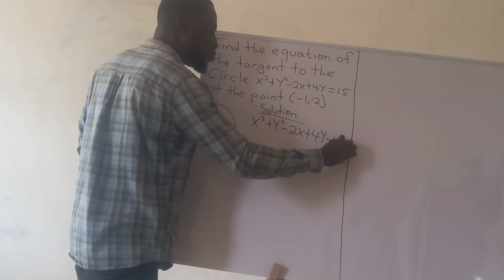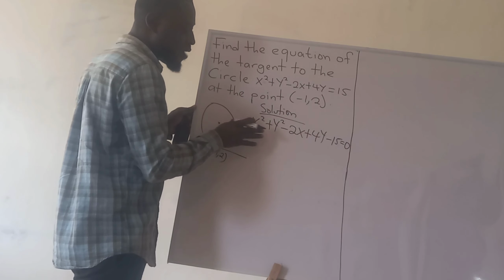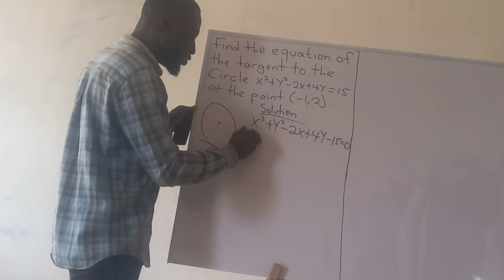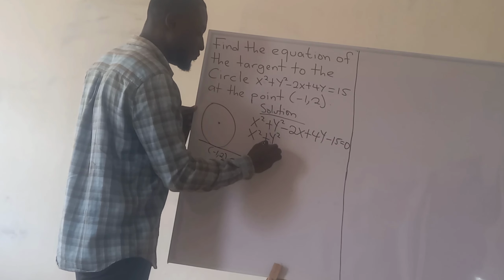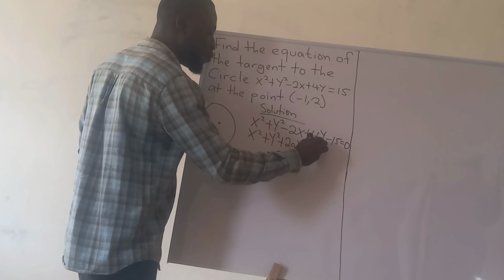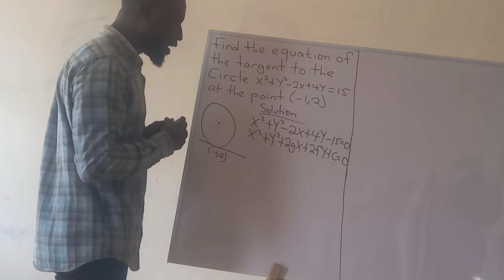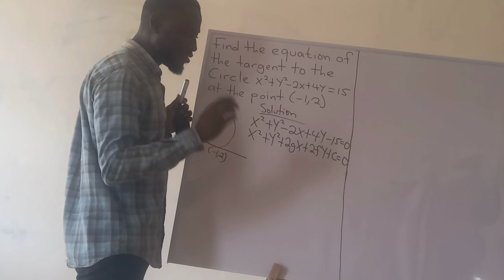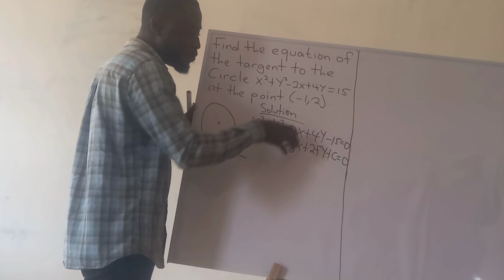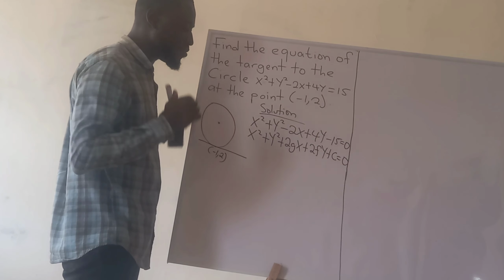We write our general form of equation of a circle under it, which is x squared plus y squared plus 2jx plus 2fy plus c equals 0. We moved the 15 to the left hand side because we want it to fit the general form of the equation.